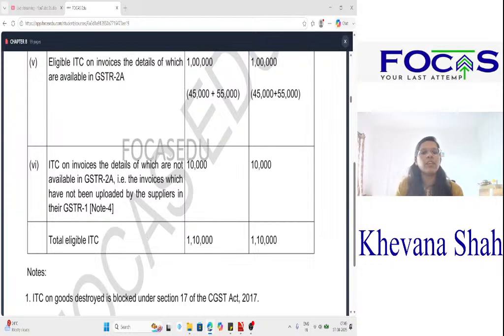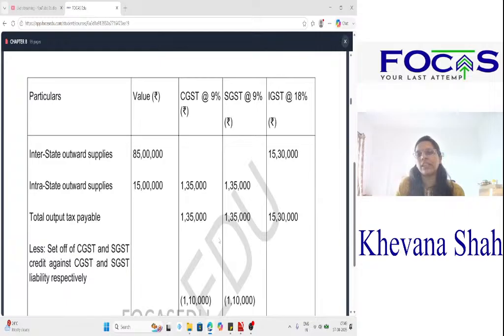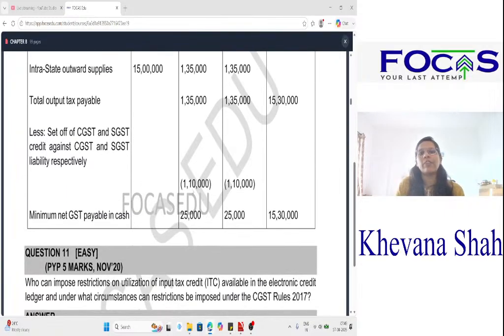We have calculated the eligible ITC, CGST and SGST 1 lakh 10,000 each. I will set that off against these output liabilities, and the remaining balance I'll pay in cash. So the minimum net GST payable in cash comes out to be 25,000 CGST, 25,000 SGST, and 15 lakh 30,000 IGST. Now, question number 12.